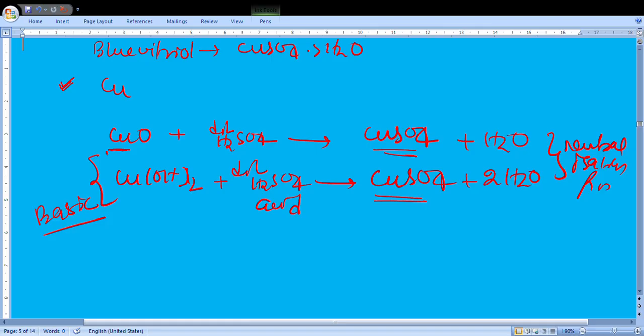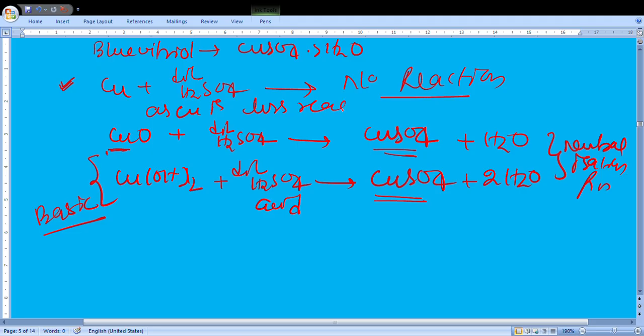No. Why? Because copper is below hydrogen in the reactivity series and less reactive. So it will not react with dilute H2SO4. This reaction will not occur as Cu is less reactive than hydrogen, so it cannot displace hydrogen.